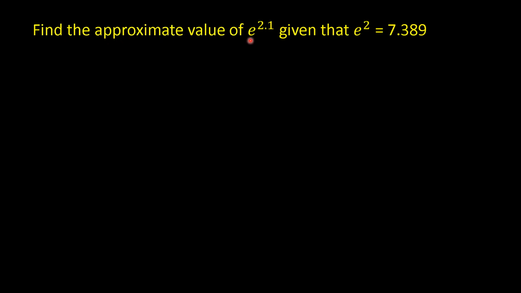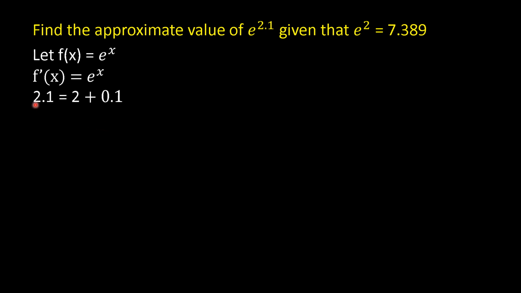Find the approximate value of e to the power 2.1 given that e squared equals 7.389. Now e squared equals 7.389 is the standard value given, and the value of e to the power 2.1 will be close to 7.389. Since we have to find the value of e to the power 2.1, we will assume f(x) to be e to the power x. Its derivative f dash x will be e to the power x.